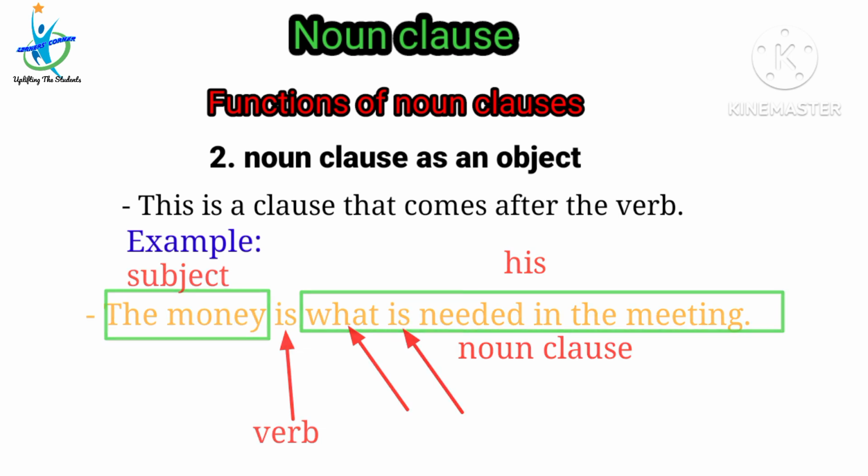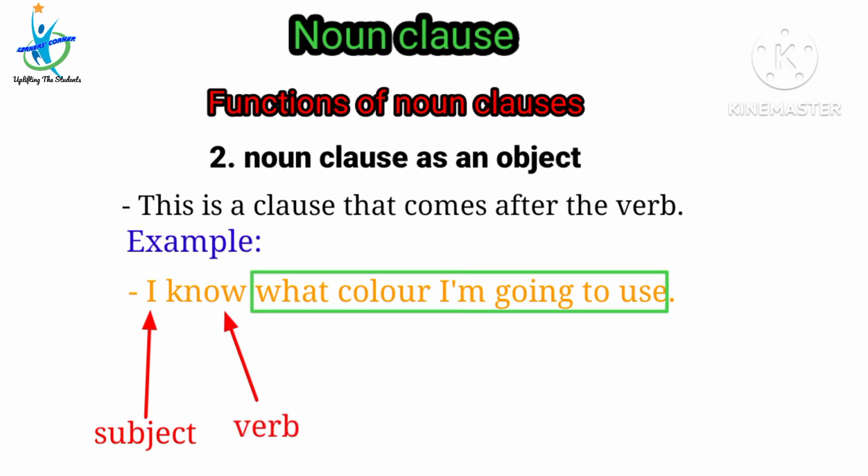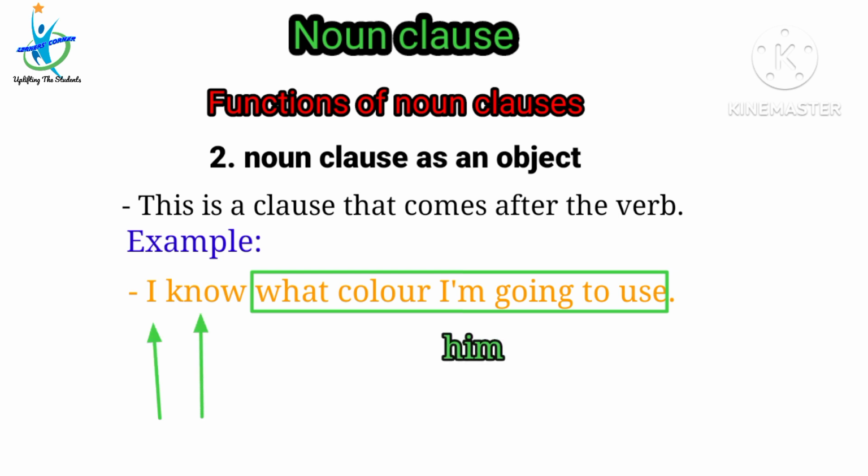Let's look at the second example. I know what color I'm going to use. I, subject, know, verb. What color I'm going to use, object. So if you want to replace what color I'm going to use, you can say I know him. You can see what color I'm going to use is replaced by him.